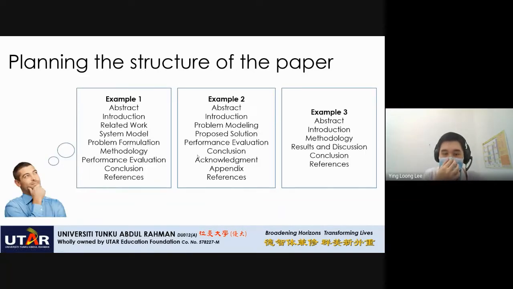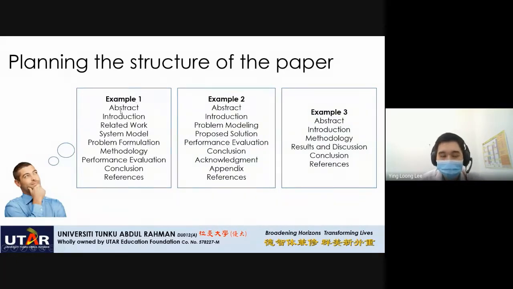Okay, so these are some examples for the structure of the paper. This is more skewed towards the communications journals, and these are just some examples. It's not a definite way that you organize your paper, right? So in example one, the abstract is definitely the first one.